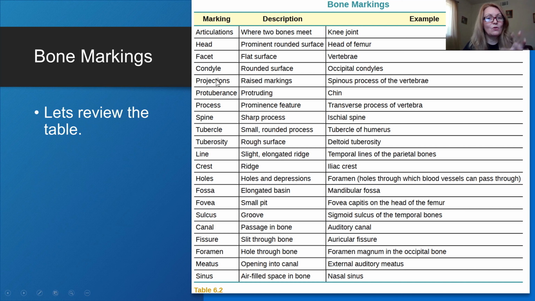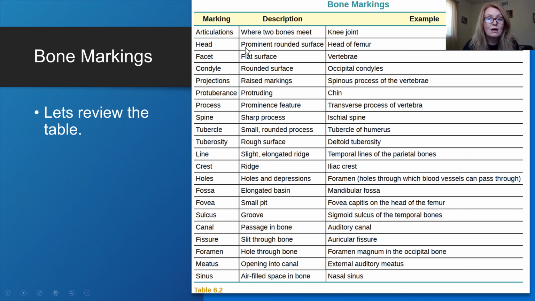All these markings have sense in those names, and if you learn what those markings mean, you can find them more easily on a bone.